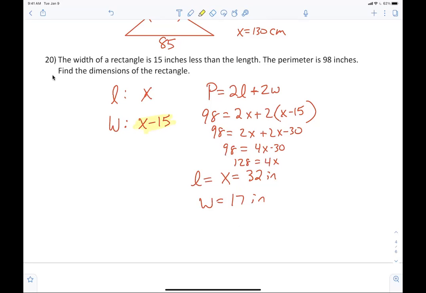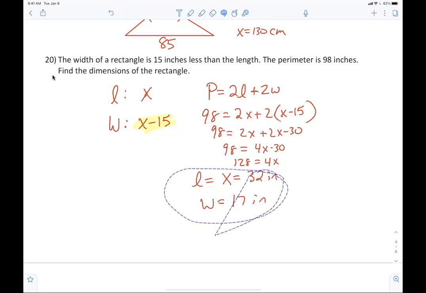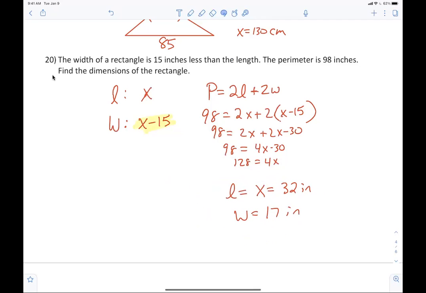Good for you. Jolie, I'm just confused. So I did the 98 equals 2x plus 2x minus 15. And then I got, hold on a second. What did you do? I did 98 equals 2x plus 2 times 2x minus 15.